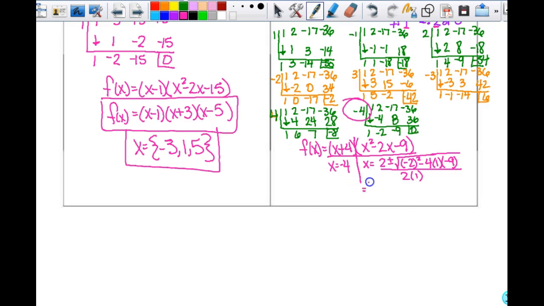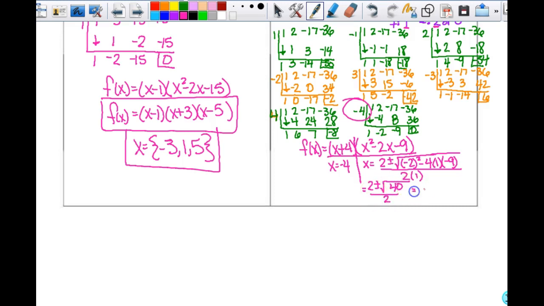So that's equal to 2 plus or minus the square root. So this is going to be 4, and then negative and negatives will be positive. 4 times 9 is 36, so 4 plus 36 is going to give me 40 all over 2.